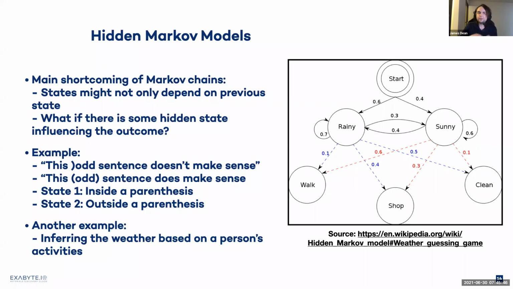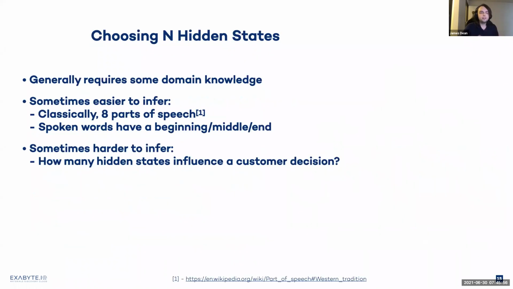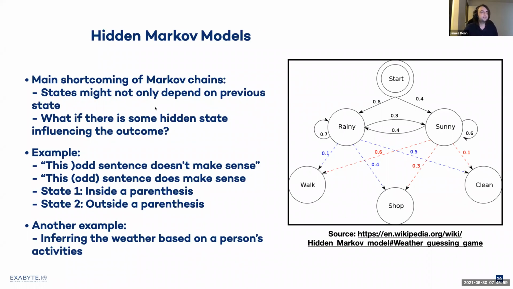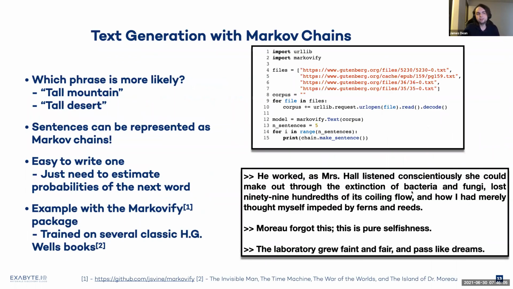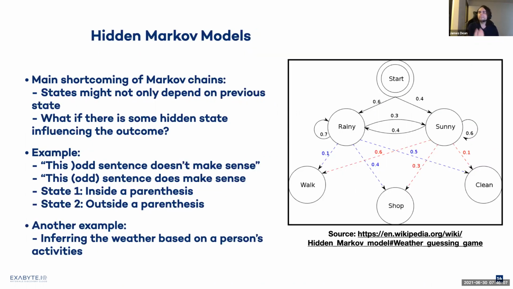Another related idea to the Markov chain, now that we're experts on Markov chains, is the hidden Markov model, and we're actually going to be using hidden Markov models today. One of the main shortcomings of Markov chains, as we saw in some of these longer sentences, is that over time there's probably earlier information in the sequence that we need the context of.